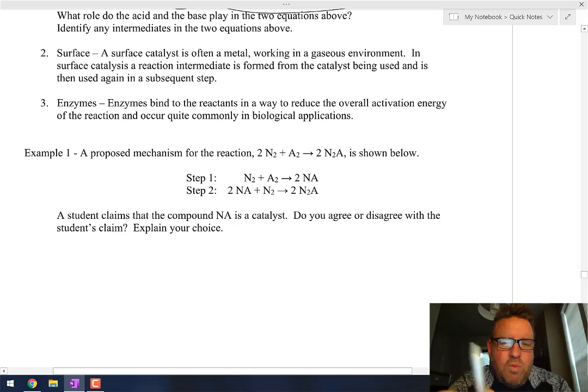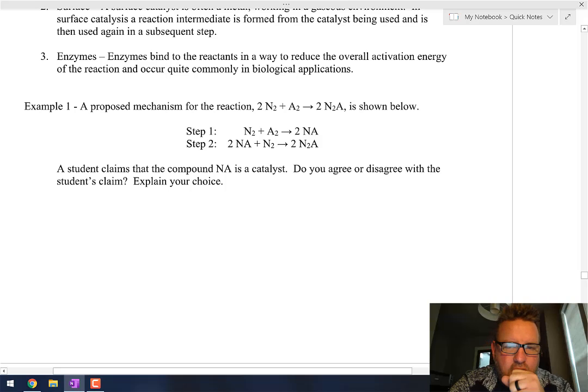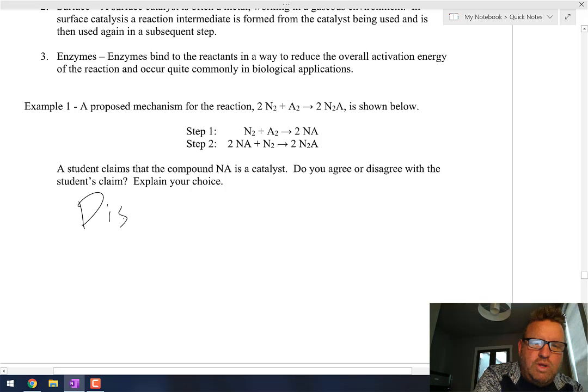Okay, and then example 1 is a pretty easy question here. Here you've got the proposed mechanism. A student claims that the compound Na is a catalyst. Do you agree or disagree with the student's claim? Explain your choice. Of course, we are going to disagree with that claim. And why?